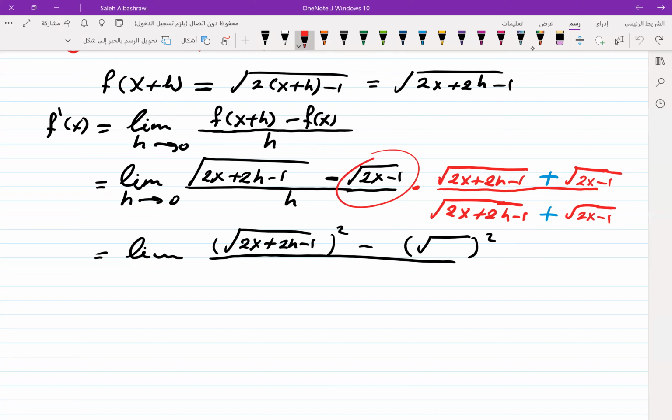It is this part, 2x minus 1. So this is 2x minus 1 squared, divided by h multiplied by square root of 2x plus 2h minus 1 plus square root of 2x minus 1, as h goes to 0.